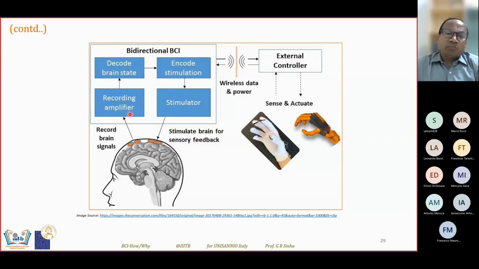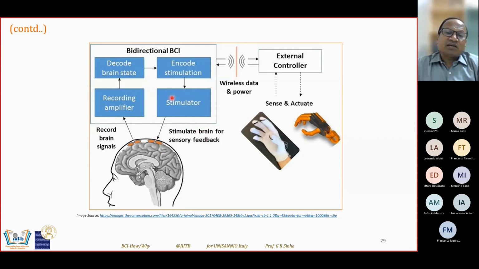So it needs to be amplified, and then after amplification it goes for decoding, and then we encode it, and then it can go to a stimulator where we want to cure some abnormality in the area of the brain where there is some problem.